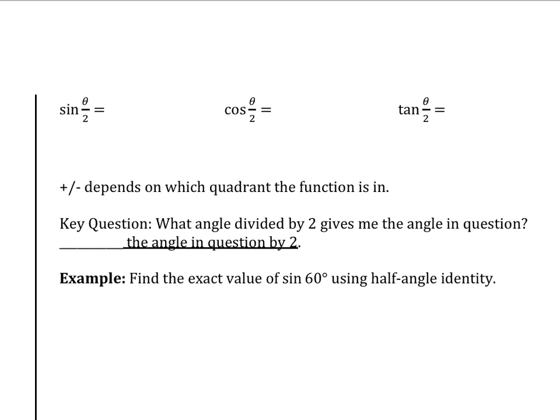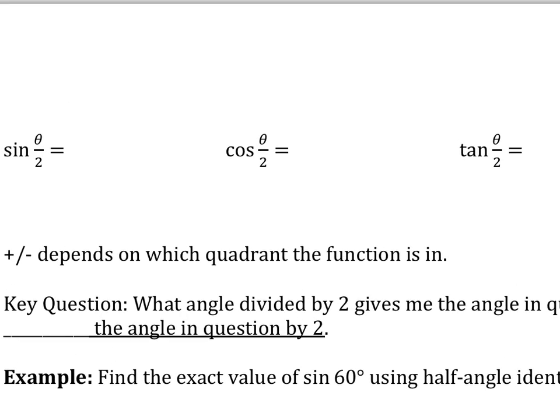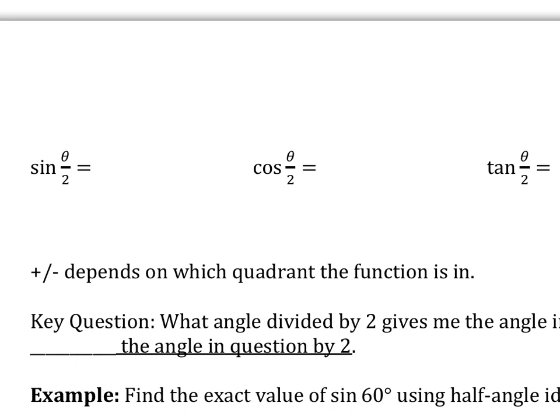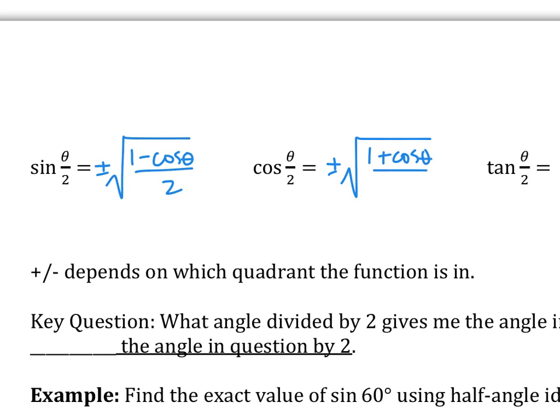Okay, half angle formula is the same idea. We also have 3 different formulas for the 3 trig functions. So here are the formulas. Sine theta over 2 is going to be plus minus square root of (1 minus cosine theta) over 2. For cosine theta over 2, that's going to be plus minus square root of (1 plus cosine theta) over 2.